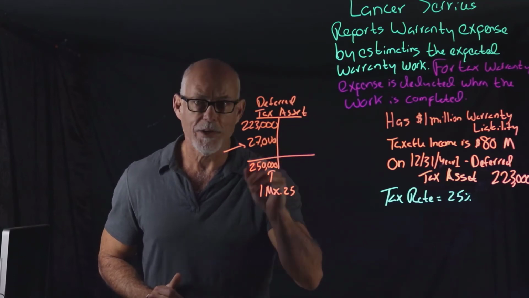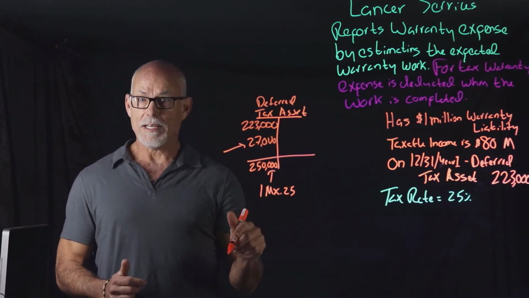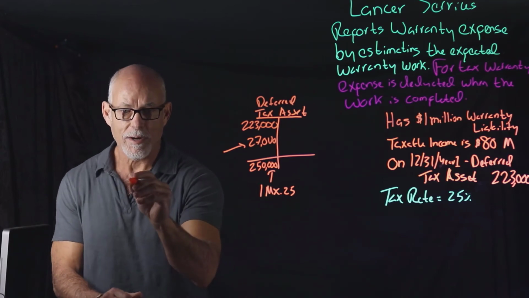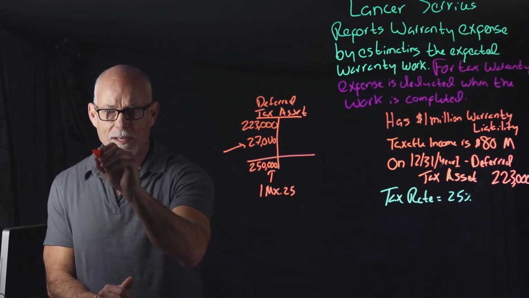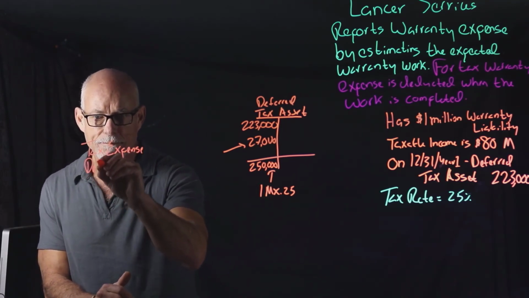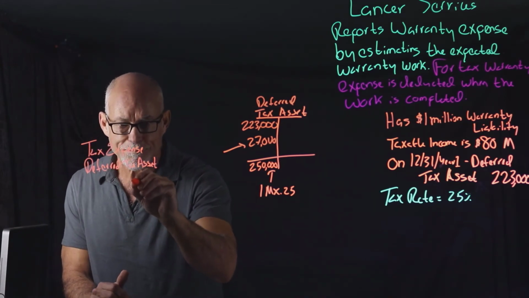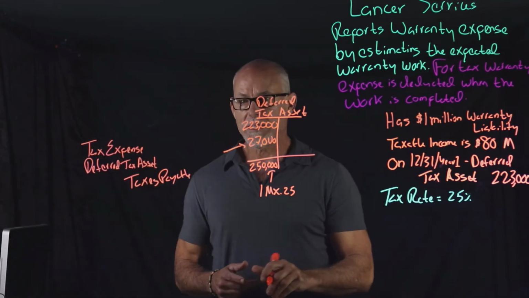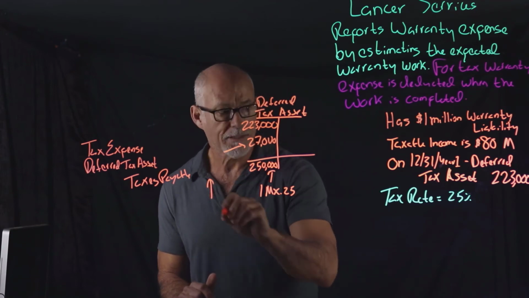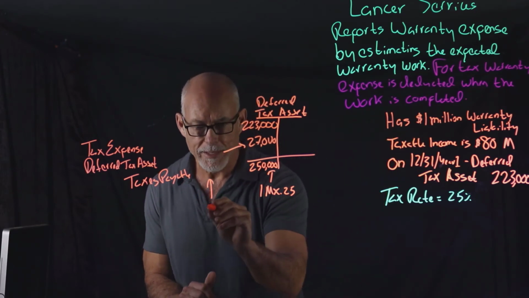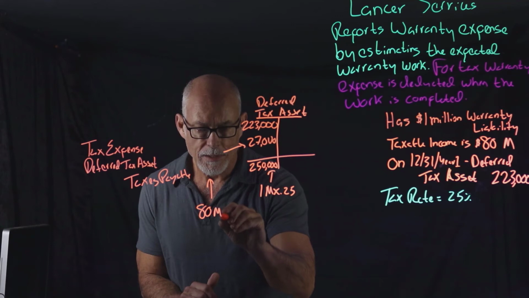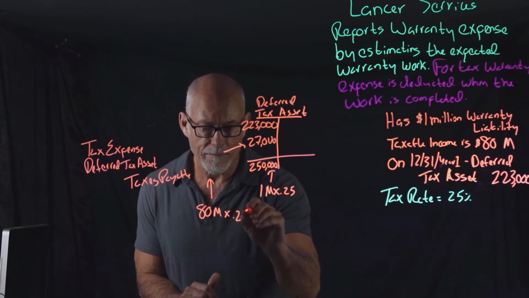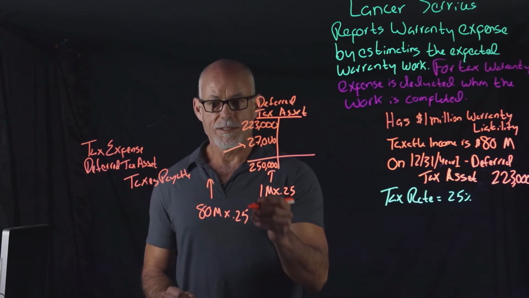And now I can write the journal entry. Now I know taxes payable, and let's go ahead and write it out. What we have is deferred tax asset and taxes payable. Figure out what taxes payable are. Taxes payable is just going to be the 80 million times the 0.25. That's just going to be 20 million.